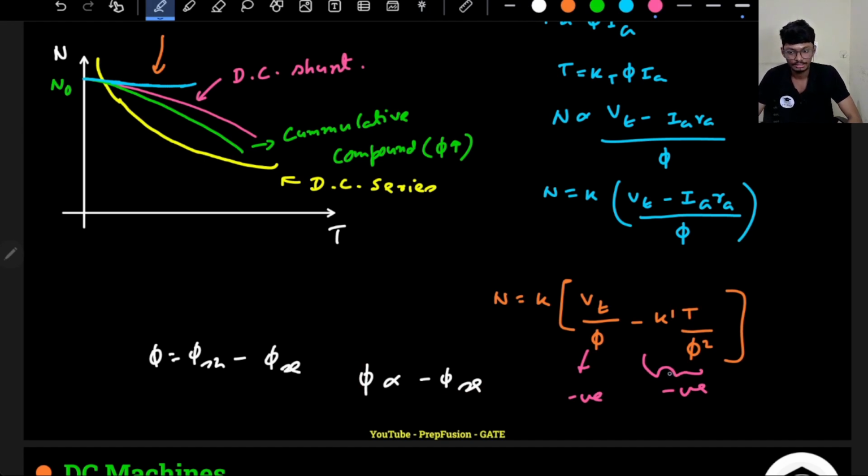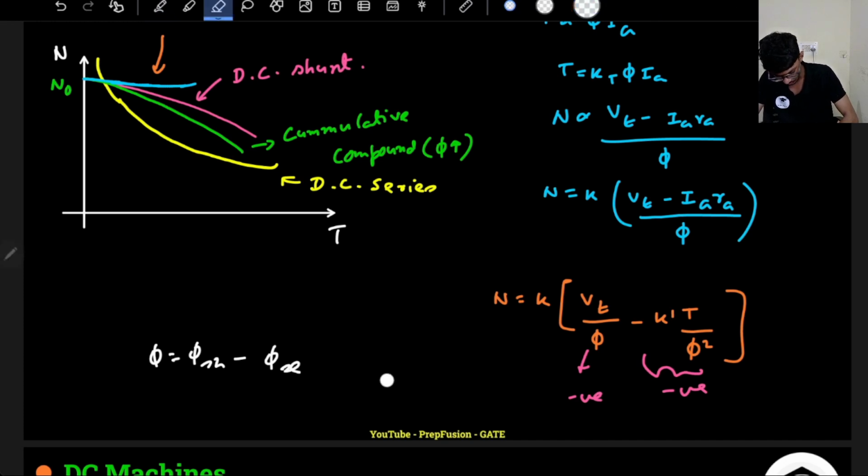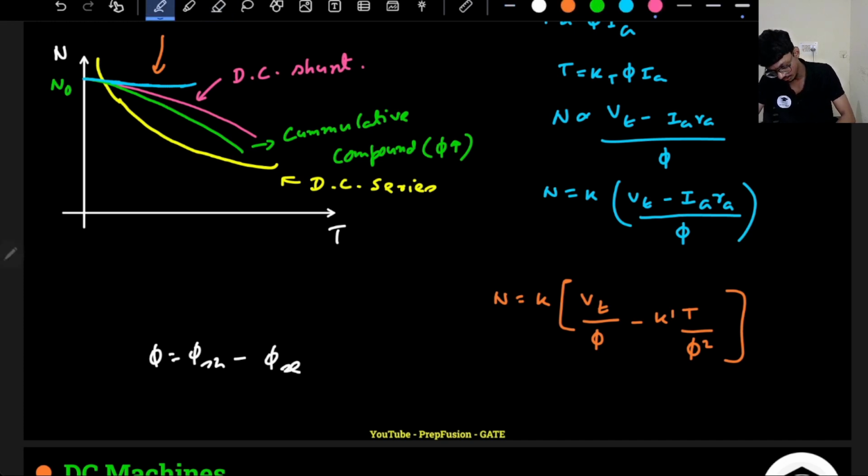Okay, but there are two cases here. Either speed will go to negative or positive. But we will not assume this case; we will assume the case where shunt flux will always be much higher than the series flux. Series flux will never go beyond shunt flux. Okay, assumption.